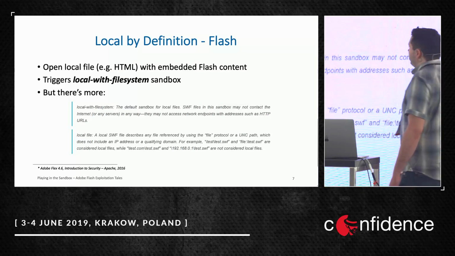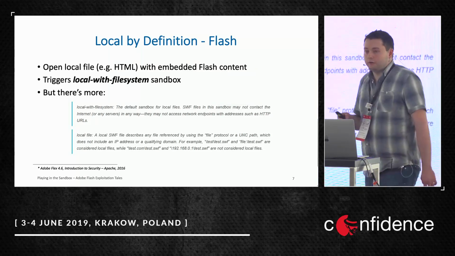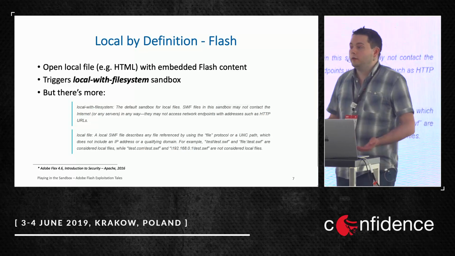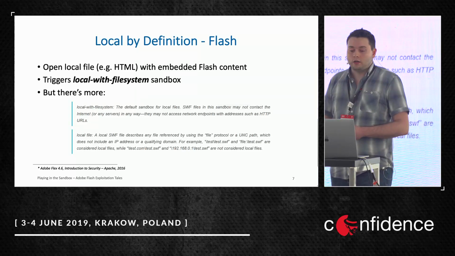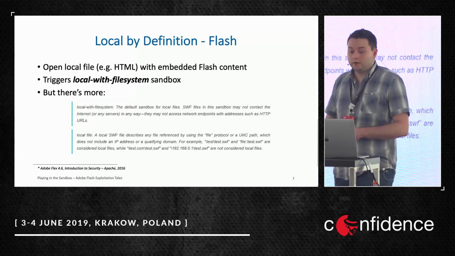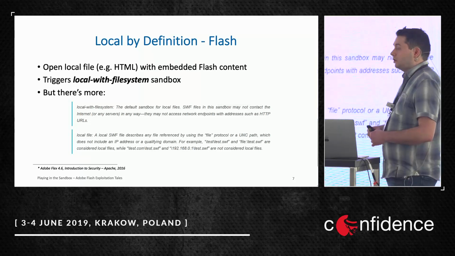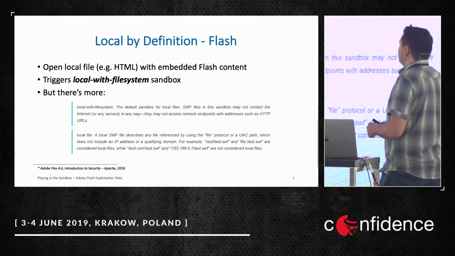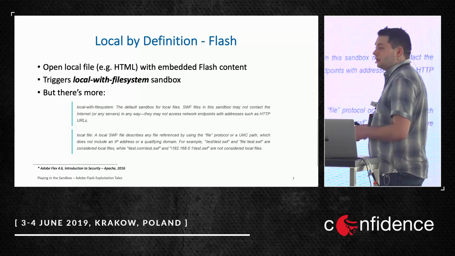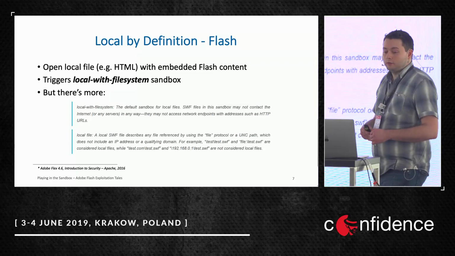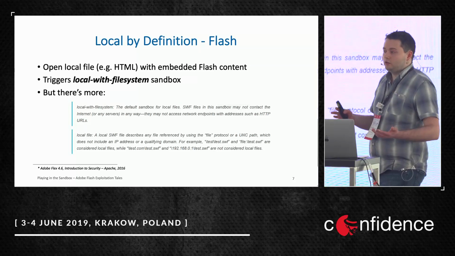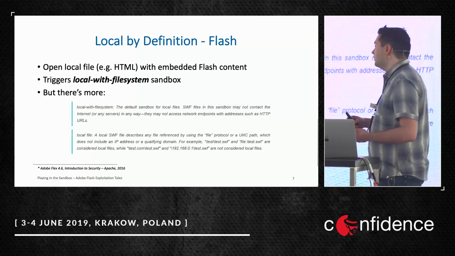So suppose you have a local file, like an HTML file embedding a Flash application, and you try to open it. Then it will be running in what is called the local-with-filesystem sandbox. And if you have a look at the Adobe developer documentation, there are actually two definitions that are relevant here.